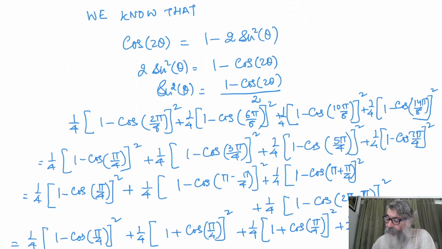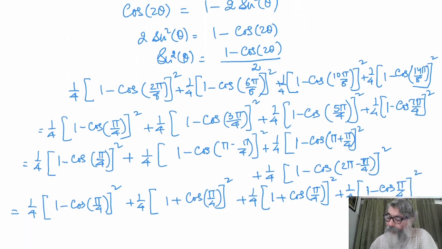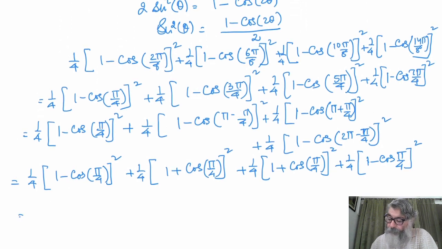So notice, I can take 1 by 4 common everywhere. You would notice 1 minus cos pi by 4 whole square appears twice, so that will become 2 into 1 minus cos pi by 4 whole square.